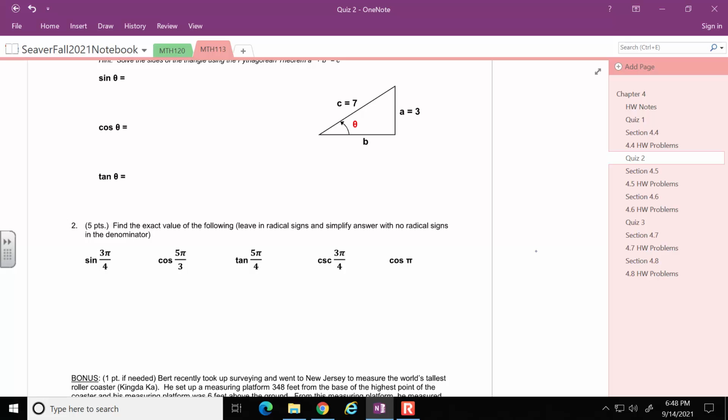And I solved that, and it came out as 6 square root 10 over 20. Is that right? Well, let's think about it. To get rid of this radical sign, you multiply by square root of 10. That gets rid of it on the bottom, so I have to do the same thing on the top. I think you're on the right track. I'll cross that out.